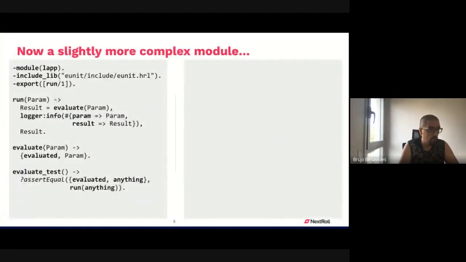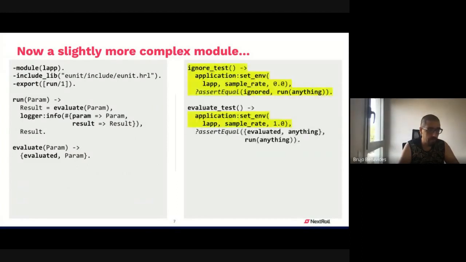In your code, you add a new test for this, one that says that if the sample rate is 0, the evaluation is ignored, and another that says that if the sample rate is 1, then the evaluation actually happens. And it happens properly given the parameter that you provide.